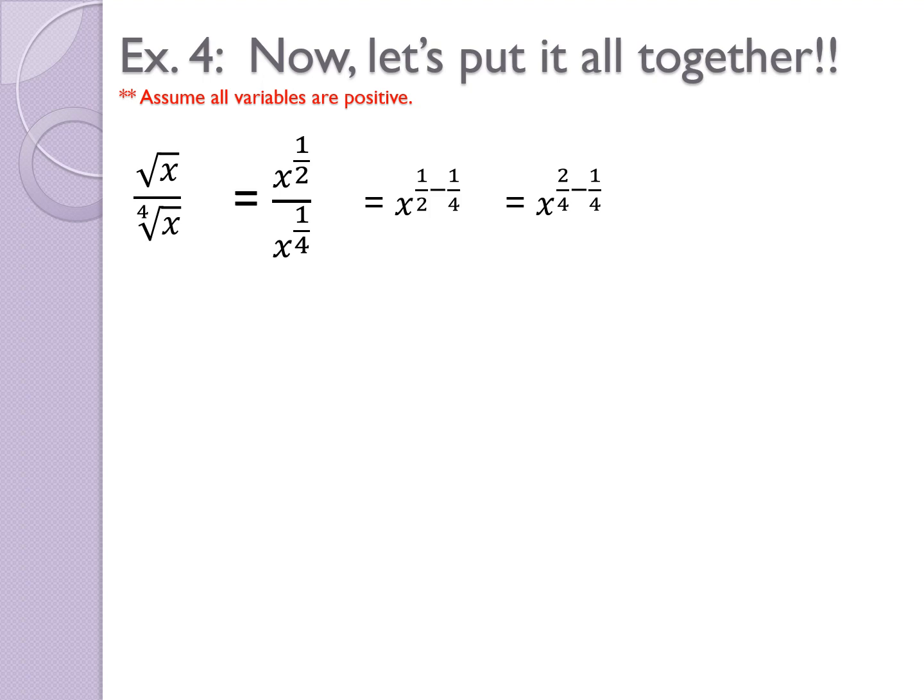So then I have x to the 2/4 minus x to the 1/4. Well, 2/4 minus 1/4 is 1/4. However, I started this problem with radicals, so I have to convert the rational back to a radical. And that gives me the 4th root of x. I apologize, not the square root, the 4th root of x.